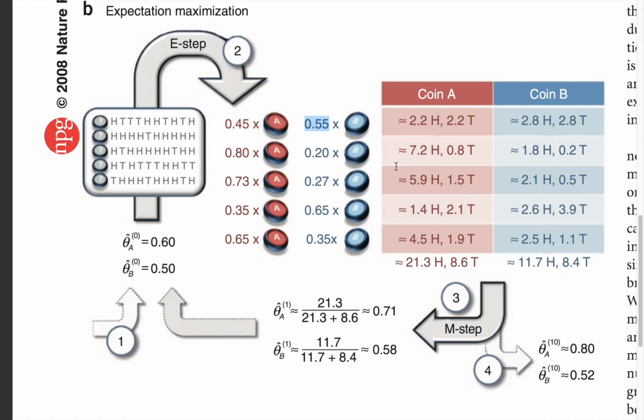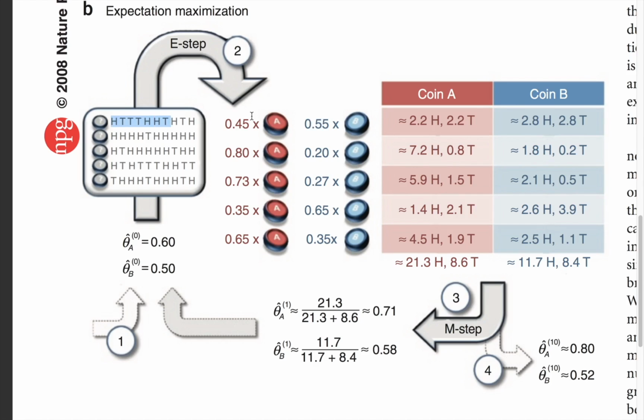After we get this Q function, we maximize it. In this paper, the author just multiplied the counts of the heads and tails by the corresponding probabilities. For instance, in this first line here, we have 5 heads and 5 tails.